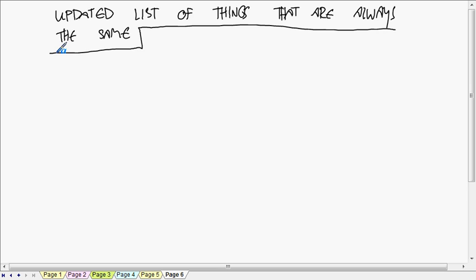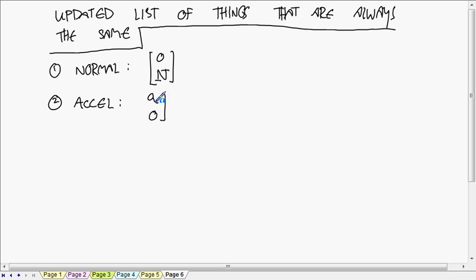The things that so far we know are always the same. The normal force is always 0, n. And the acceleration is always a, 0.